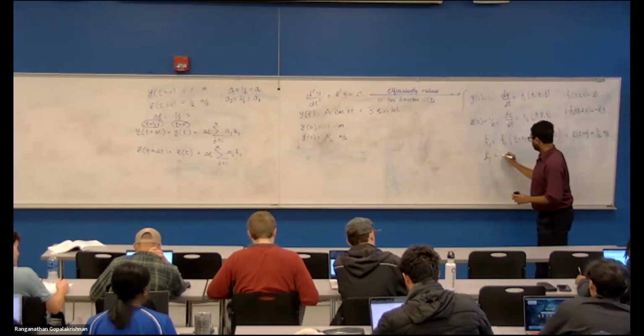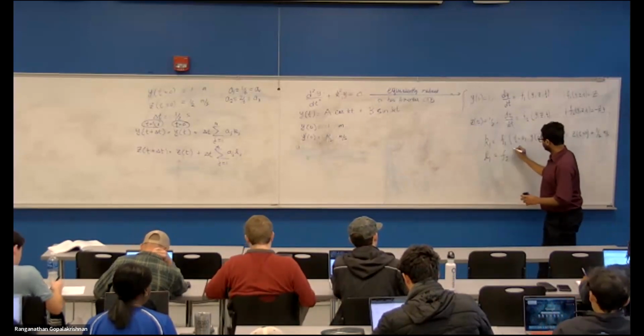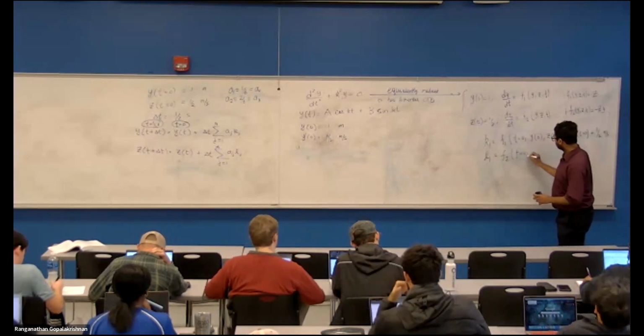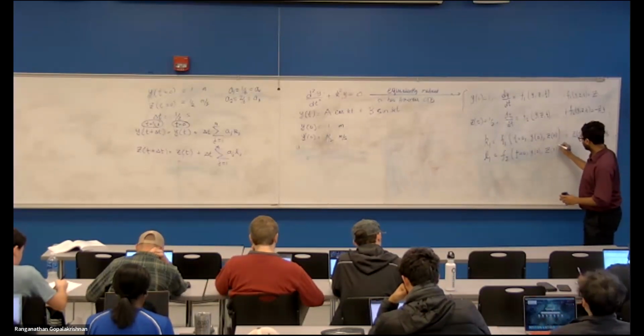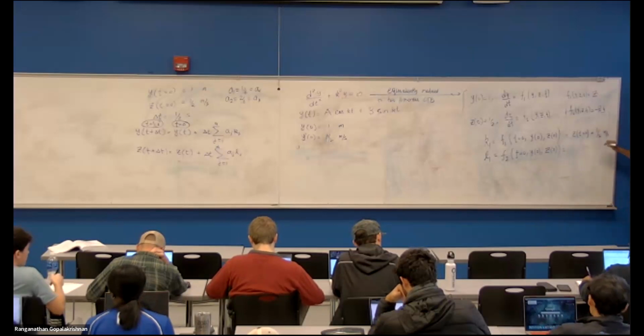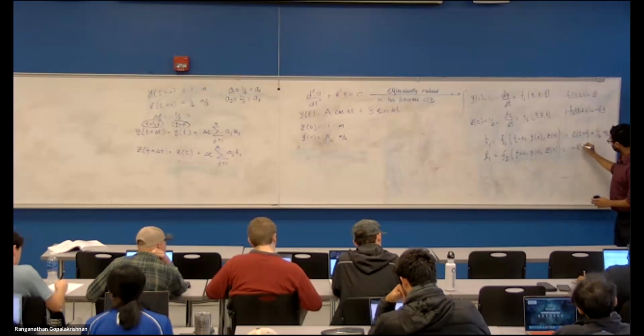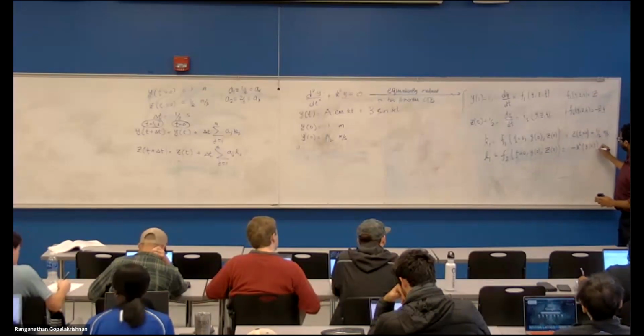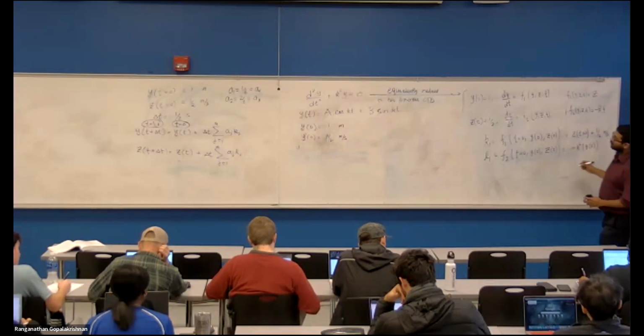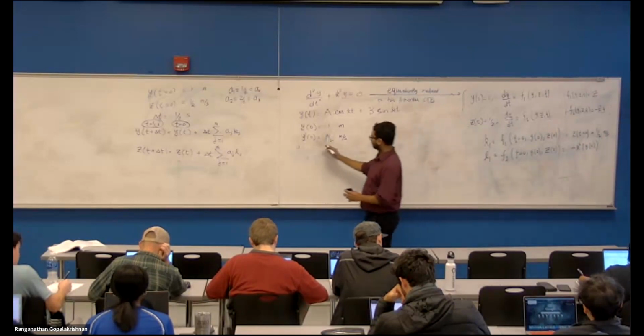L1 is the function f2 evaluated at time 0, y evaluated at time 0, z evaluated at time 0. What is f2? Minus k squared times y at 0, which is 1, and we'll choose a value for k.